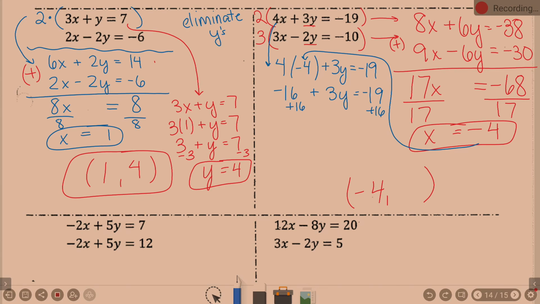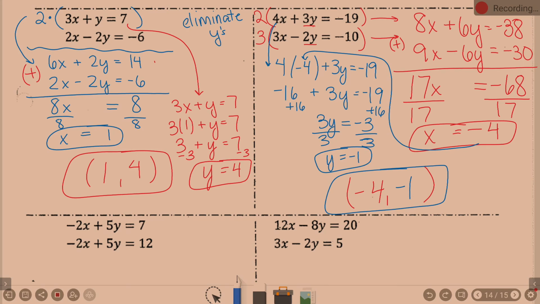I'm going to add 16. So those cancel. I have 3y equals negative 19 plus 16, which is negative 3. And we're going to divide by 3. Negative 3 divided by 3 is negative 1. Final answer of negative 4, comma, negative 1.